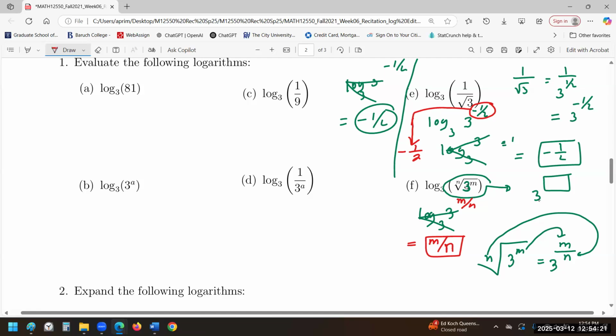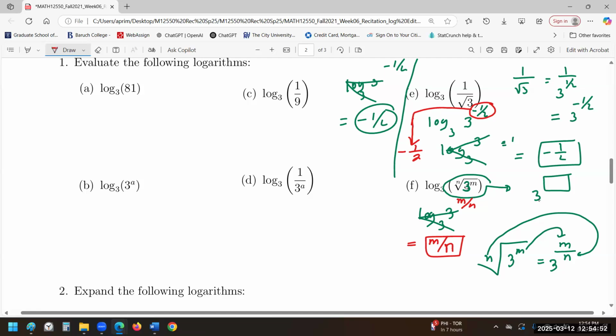Remember, first step is always rewrite so that the base and your argument have the same number. The easiest one is B because they already have the base and argument the same. So what's the answer for B? A. The next easy one is A. Our base is 3.